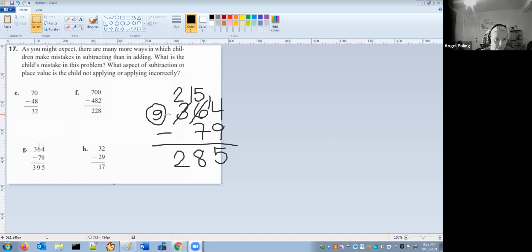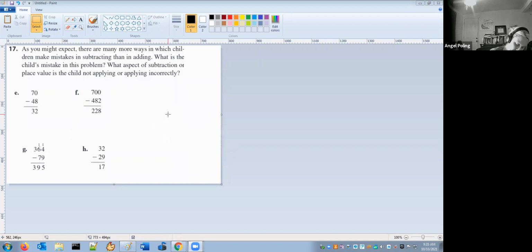And then for H, we have 32 take away 29 with the result of 17. And so what the student's done is just made the subtracting more comfortable. So they switched the 9 and 2 around and subtracted the 1's place so that it was more comfortable to them.